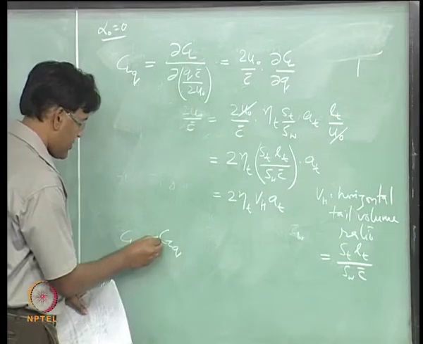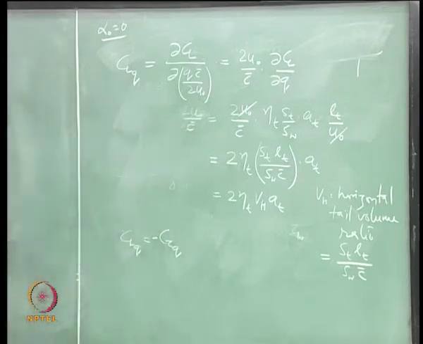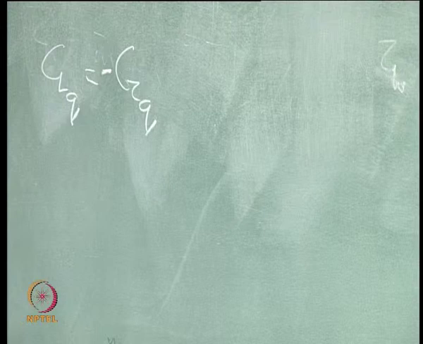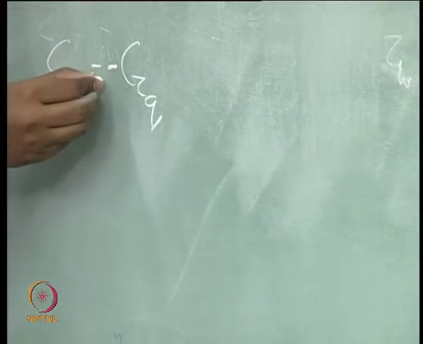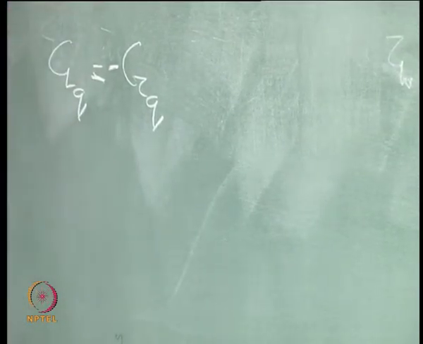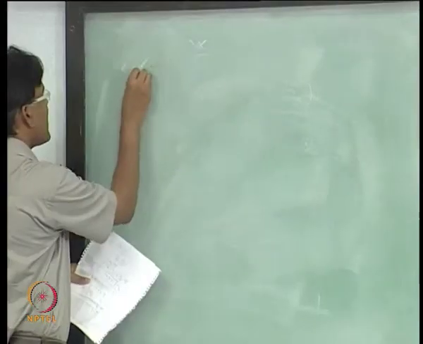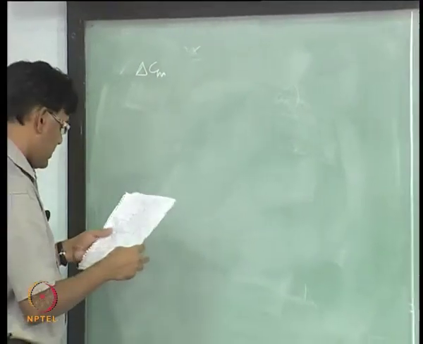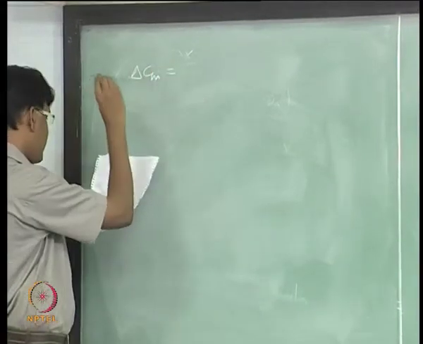There should be a minus sign here because lift is acting upward and Z force is acting down, right. What is happening to the pitching moment because of this pitch rate?